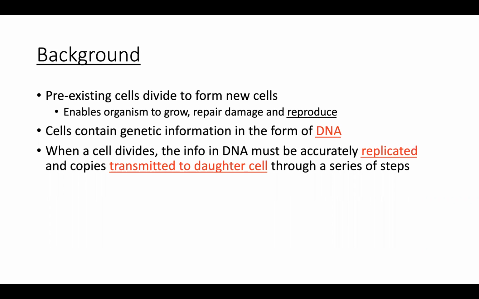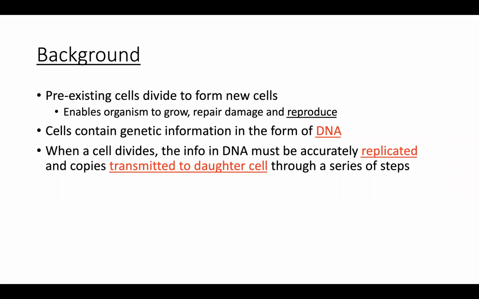By the end of this lesson today, you should have a clear understanding of how the information contained in one cell, that DNA, is duplicated and then prepared to be transmitted off to that daughter cell.